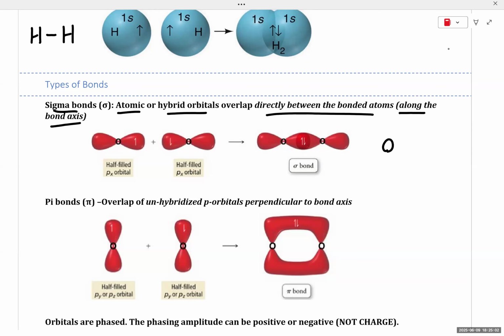So for example, if we look at the bond between these two oxygen atoms, the sigma bond represents often the single bond shared between two atoms. It's the overlap of two atomic or hybrid orbitals directly between the bonded atoms along the bond axis. When you think sigma bond, think single bond.